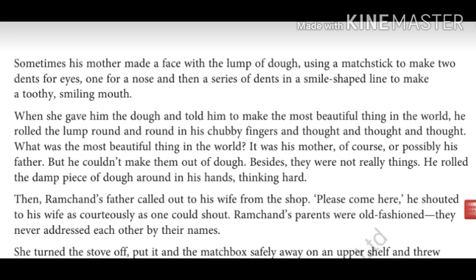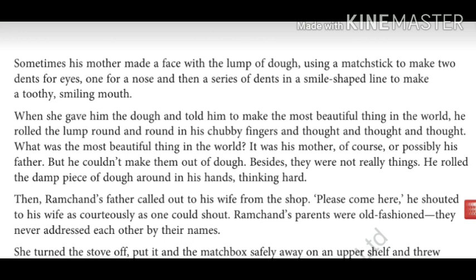Now, his mother has assigned him a work of making anything with that lump of dough, a sort of clay for the small child. And now she has asked him to make the most beautiful thing with that dough. Now the little boy is thinking what to make. He is interested in making the shape of his mother, but he cannot make mother or father out of that dough.